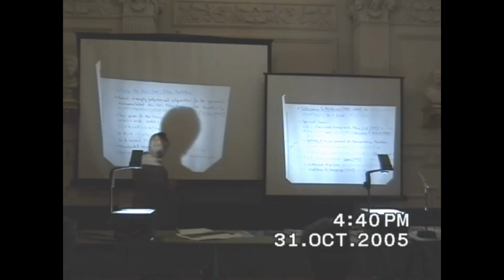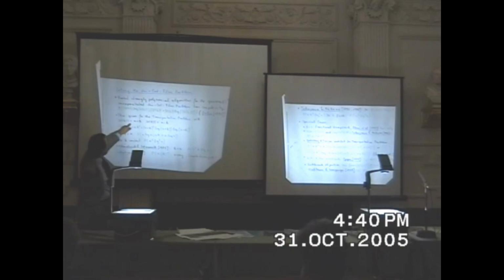The fastest strongly polynomial algorithm for the general uncapacitated case is this, by Orlin. This gives for the transportation problem this complexity for k less than n, and for k constant, that complexity. Kleinschmidt and Schannath improved it again for k less than n, that means our problem, to n squared k log n.